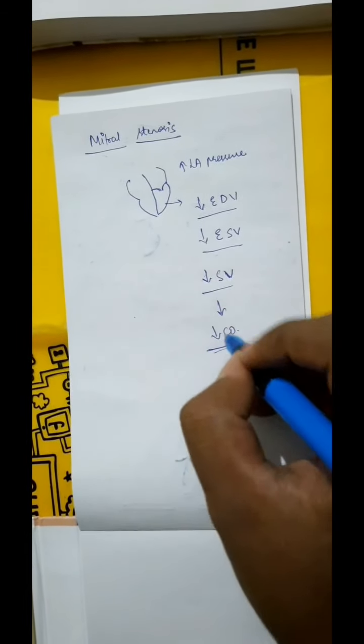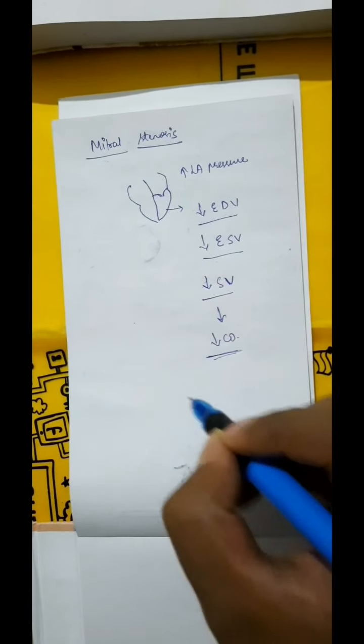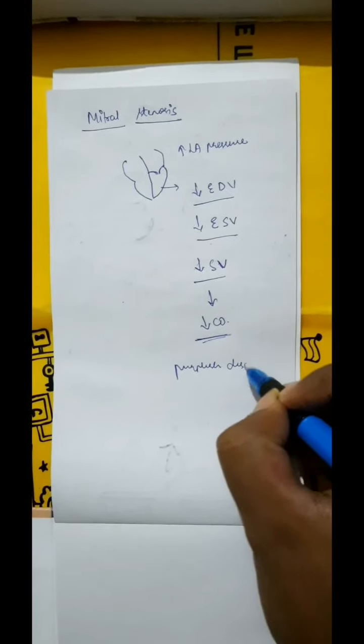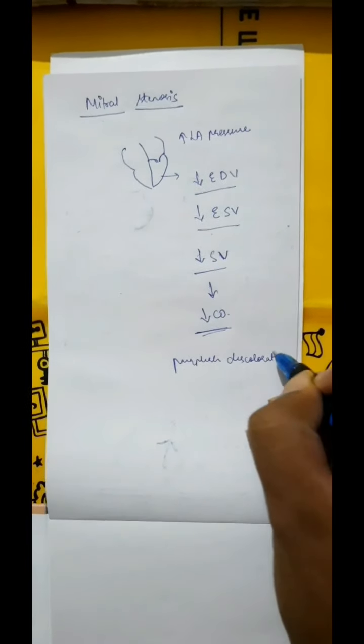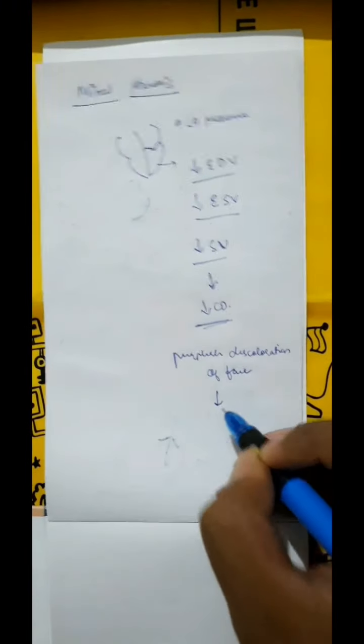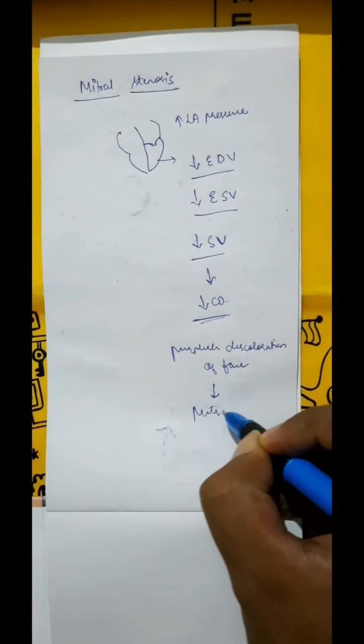Due to decreased cardiac output, there is purplish discoloration of the face. This is called mitral facies.